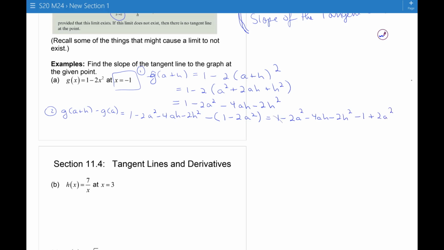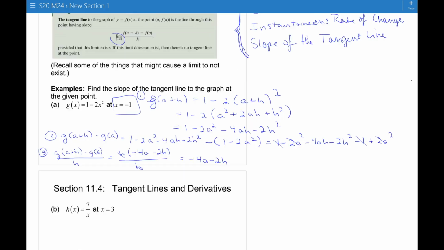This is the place where everything without an h better cancel. Then the third step was to divide this quantity by h. So I'm going to factor out h and get negative 4a minus 2h divided by h. That's going to leave me with negative 4a minus 2h.